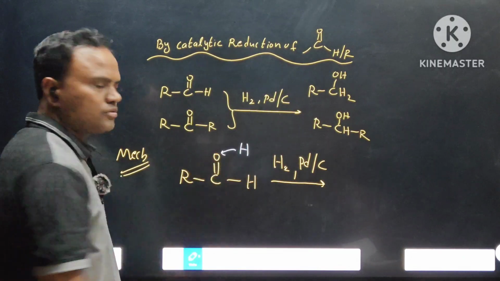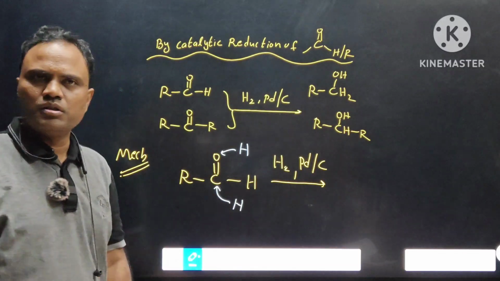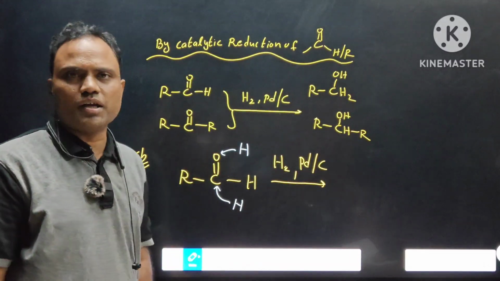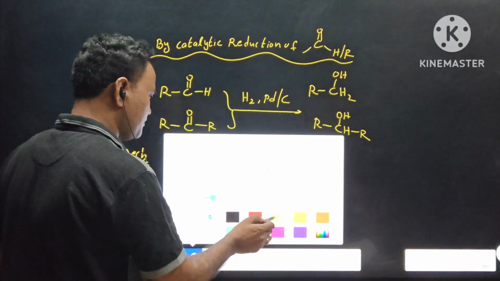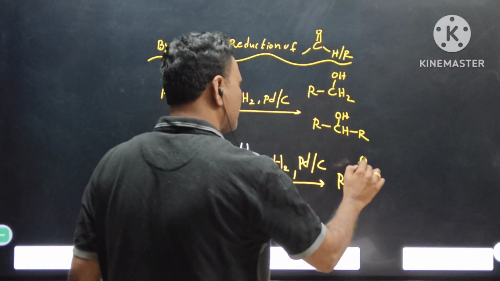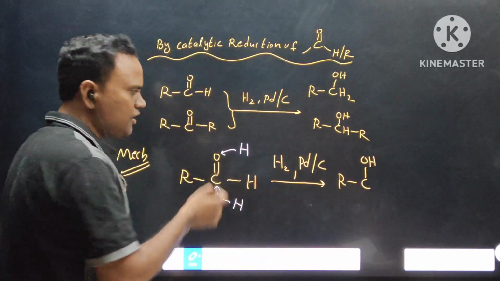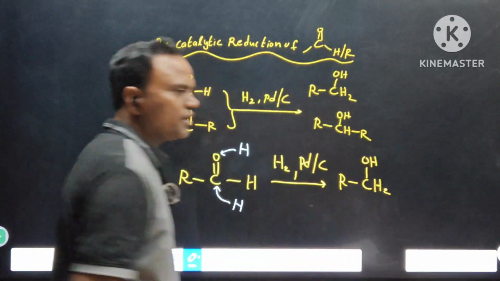Hydrogen to oxygen, hydrogen to carbon. Same shortcut mechanism like yesterday's class, right? Here H and here H, so I can write CH2.